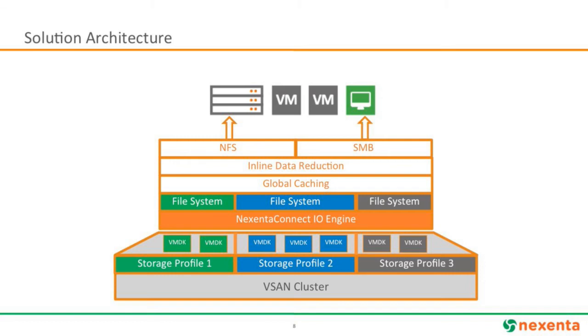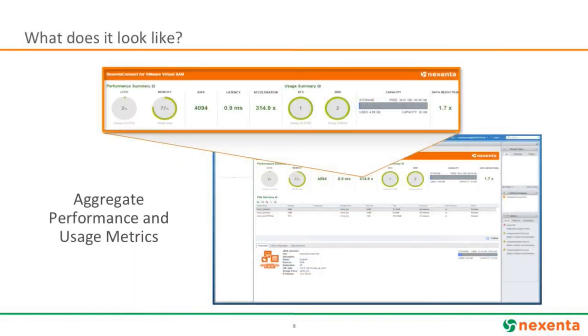I can now put down a different storage profile, build out a single I/O engine on top of that, get the caching, get the compression, and then present out SMB or NFS not just to the couple nodes within vSAN, but now I can expand outside of vSAN to the entire data center. So now vSAN not only becomes a hyperconvergence model, but it's truly software-defined hyperconvergence all the way to the entire environment.